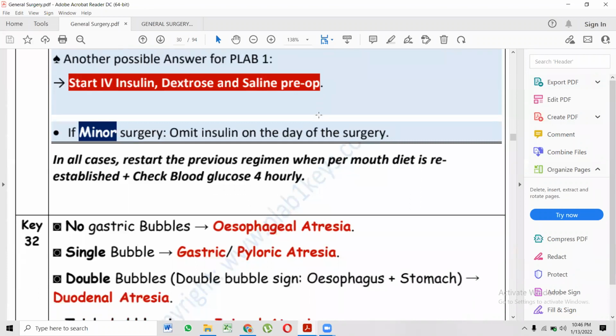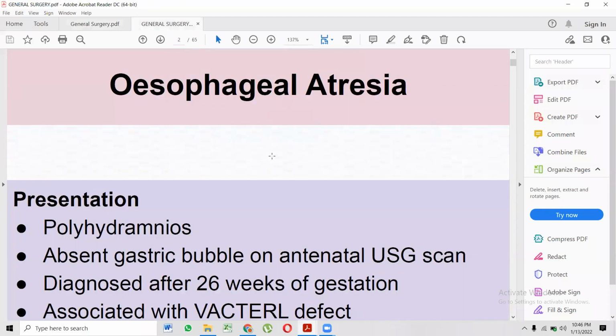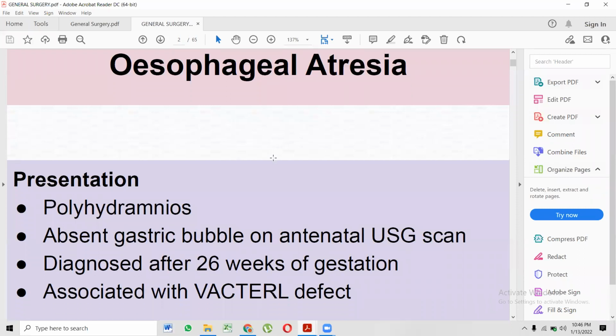So our next topic is esophageal atresia. If the baby in the womb of a mother has esophageal atresia, then the female will present to you with polyhydramnios, because the amniotic fluid is swallowed by the baby, and as there is esophageal atresia, it cannot pass.